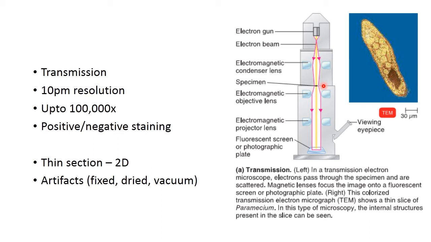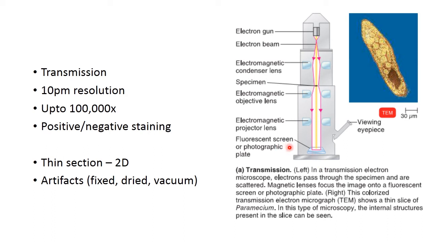Now the regions of the specimen, say the background, which are not stained, the beam of electrons is going to pass through them in a straight manner. However, in the part of the specimen where the stain is present, the electrons are going to be deflected. These electrons are in turn collected by this electromagnetic objective lens, and then this beam of electrons is used to produce an image on a detector.